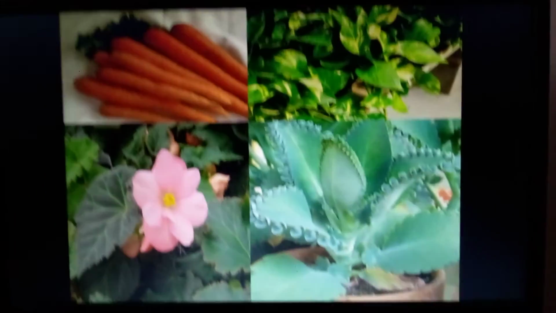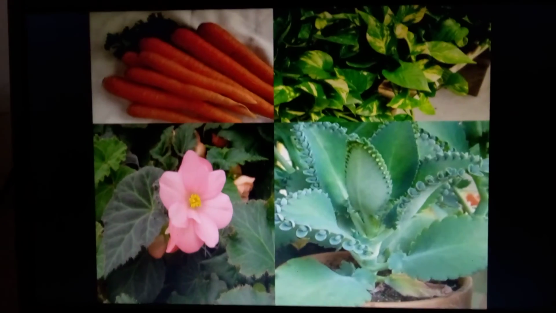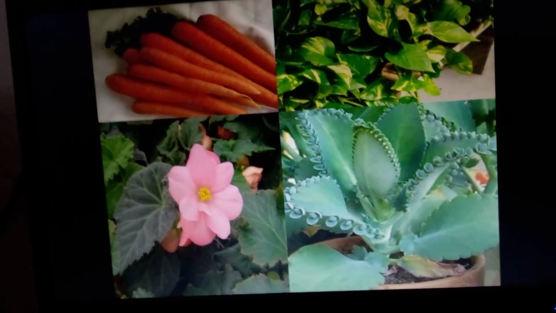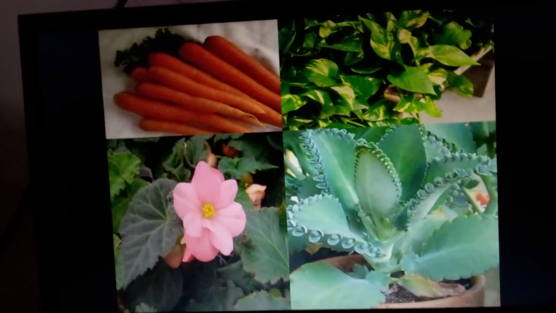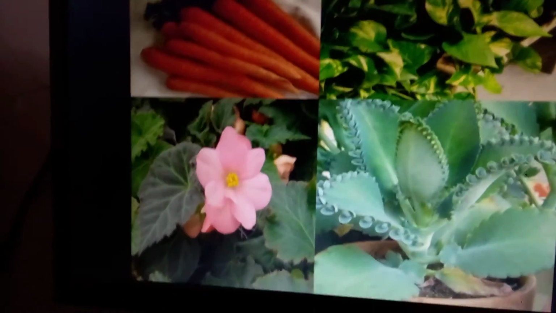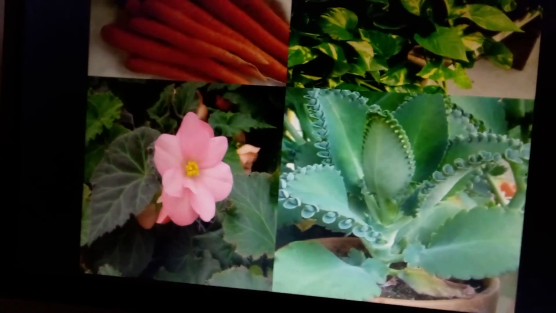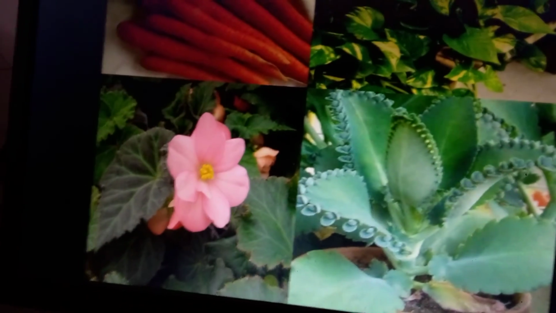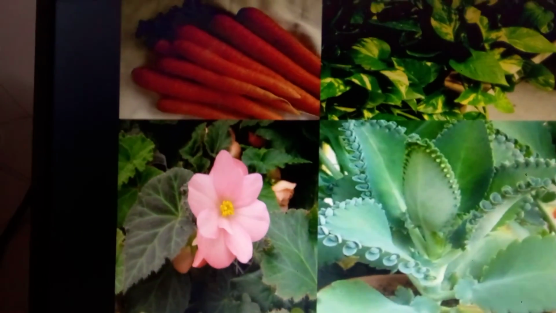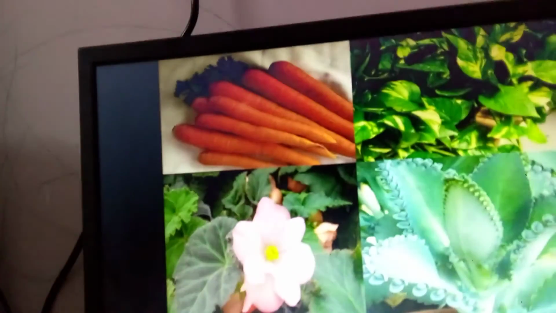So this is the picture of carrots, money plant, hibiscus. No, this is the picture of Begonia. I'm sorry. This is the picture of Bryophyllum. Bryophyllum and Begonia reproduce by their leaves.